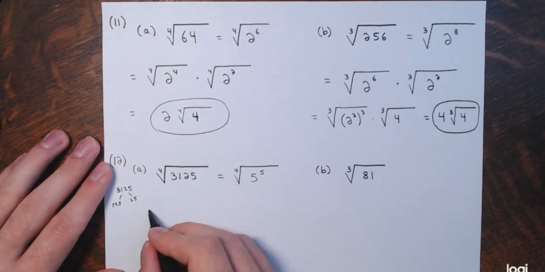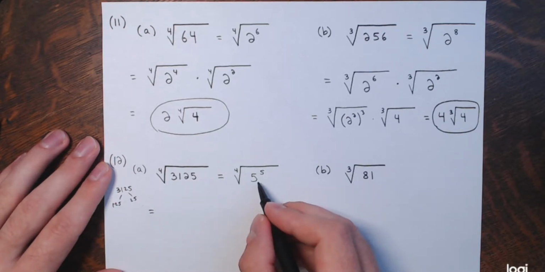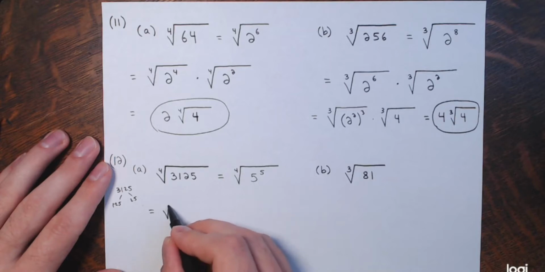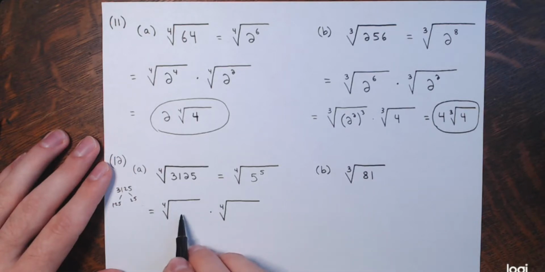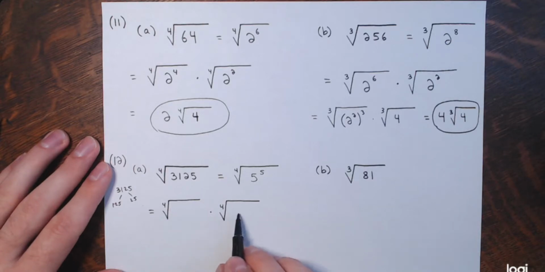And then once again, after factoring the radicand completely, I'm going to use the product property to break it up into a 4th root times another 4th root. And in this first one, I want all the powers to be multiples of 4. I want 4th powers. In the second one, I want all the powers to be less than 4, right?